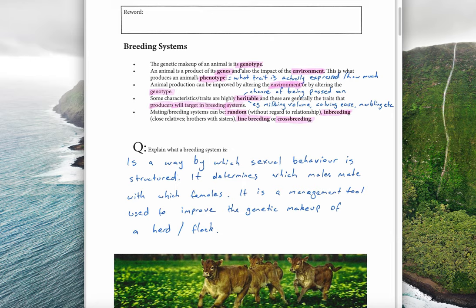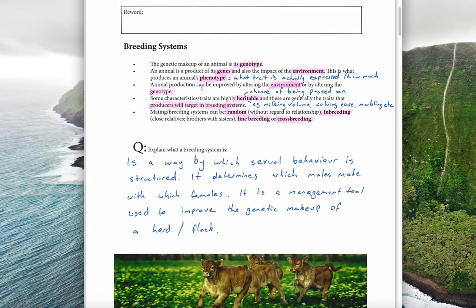But if it's an Angus cow, for example, and it has the genotype to be able to marble, and it has the environment or the feed which is adequate for it to marble, then its phenotype will be a high amount of marbling. So phenotype equals what trait is actually expressed and by how much.